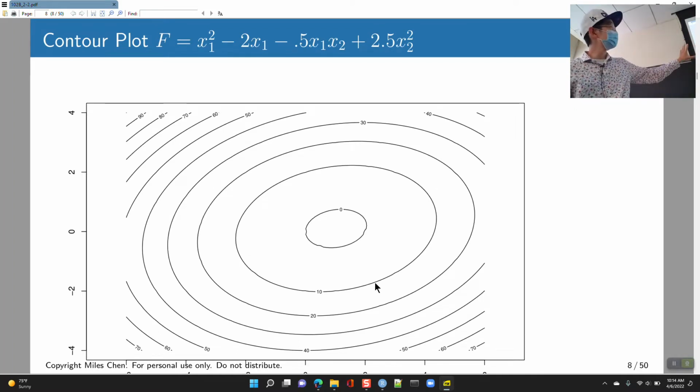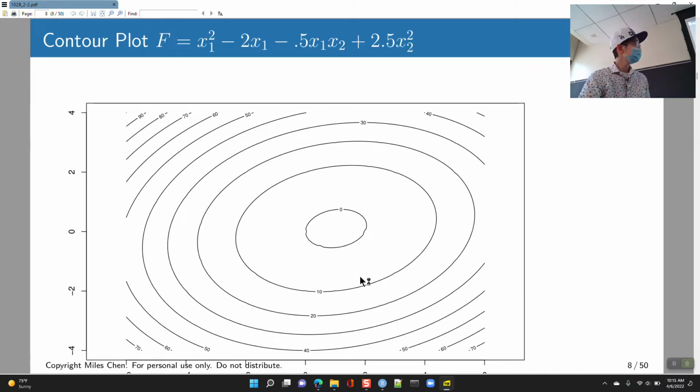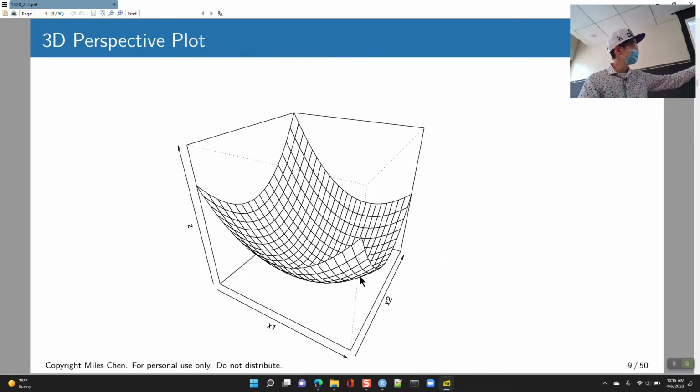All right, so this is what the contour plot of f looks like. The picture is kind of like this paraboloid. It's like a bowl, and it looks kind of like this, right? So top down, the contours look like this.